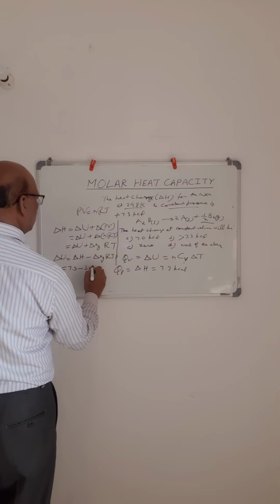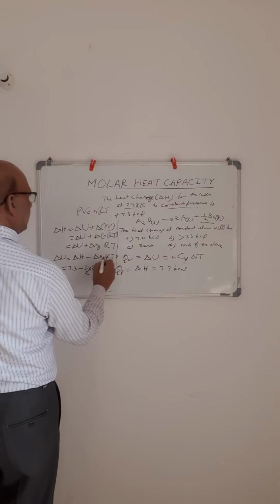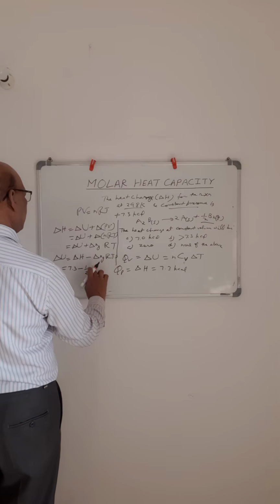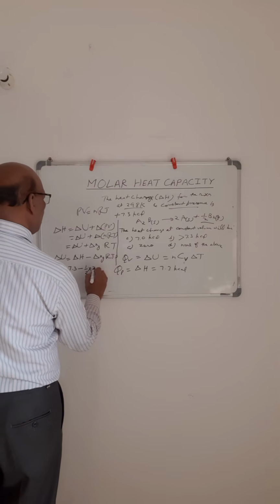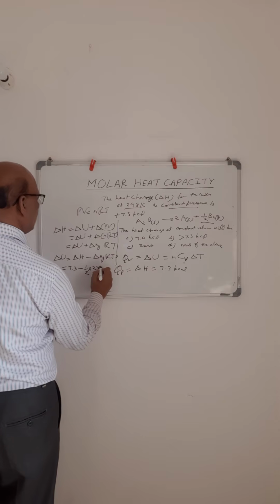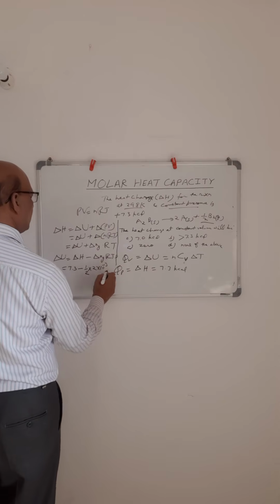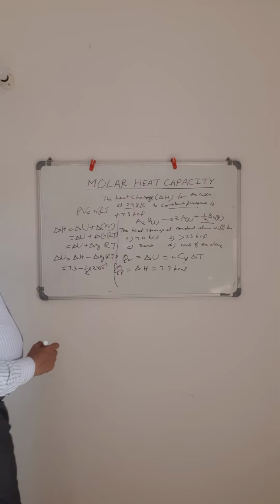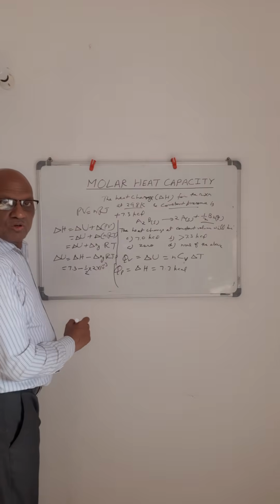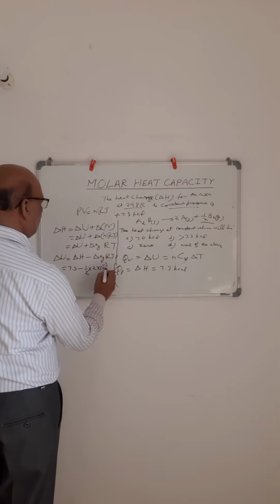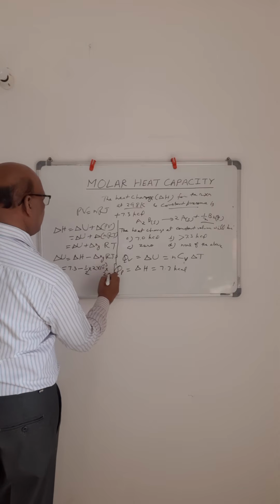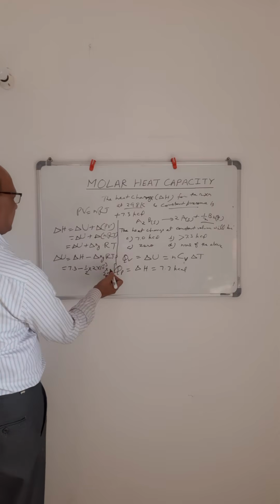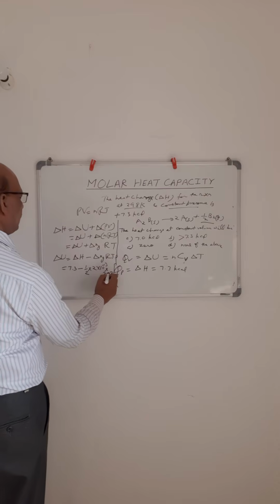R is known to us, in kilocalorie I will write 2 calorie, or 2 into 10 to the power minus 3 kilocalorie per mole per Kelvin, multiplied by temperature 298 Kelvin, which I can write as around 300 Kelvin for approximation.